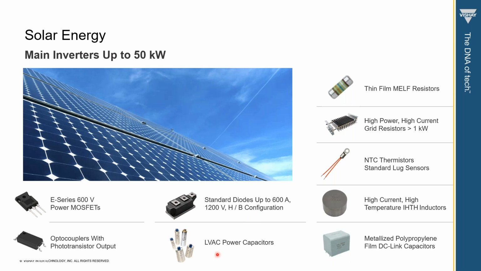We do have the LVDC low voltage AC power capacitor. Then we have the thin film MELF resistor, mainly for high voltage sensing. We have the high power, high current grid resistor, the NTC thermistor, and the high current, high temperature IHTH inductor. The last is the DC fan cap.